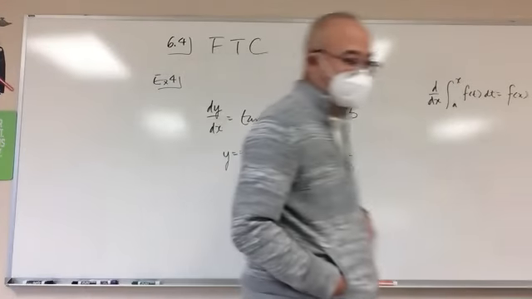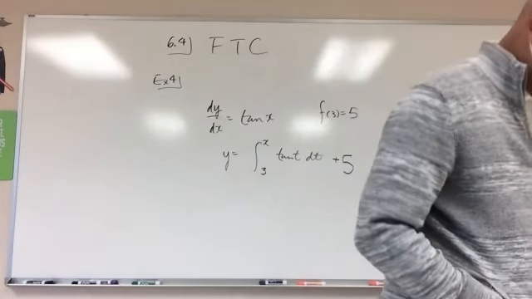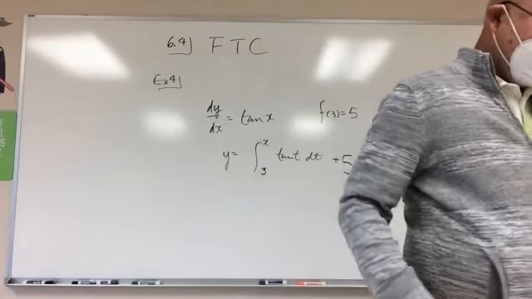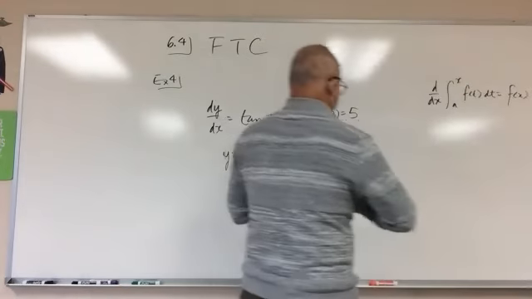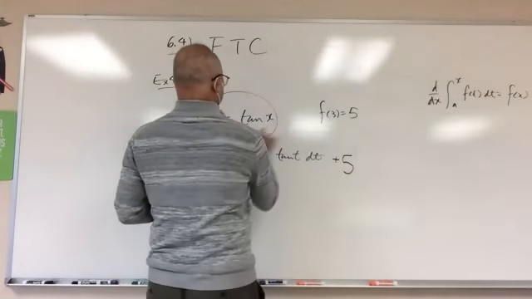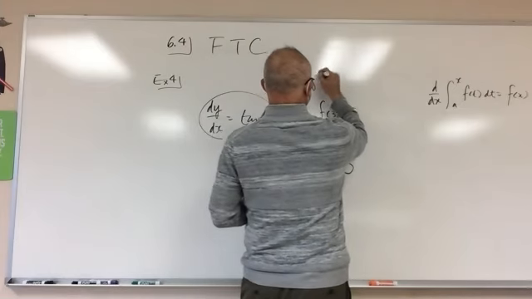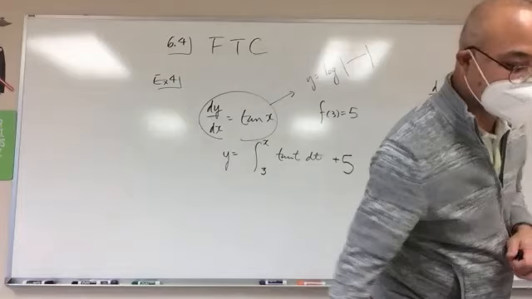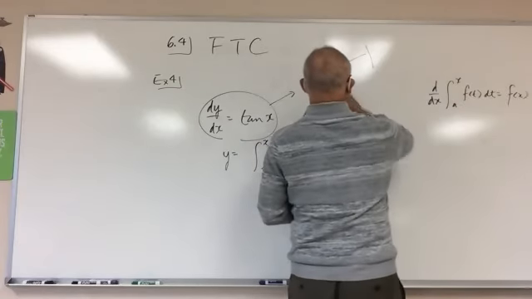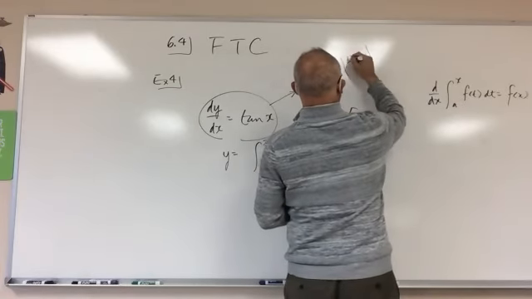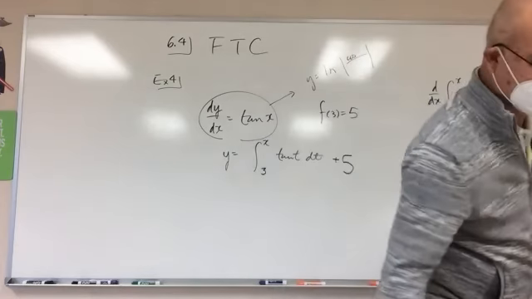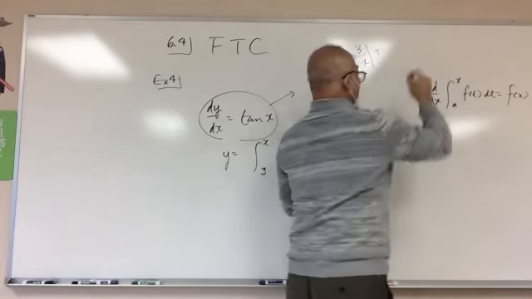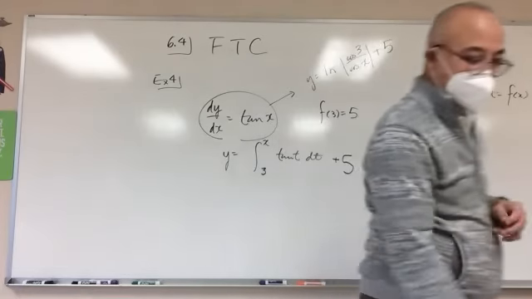Okay. It also continues to say that we will see in chapter 7 that we will find that the actual solution here to this guy is going to be y is equal to the natural log of cosine 3 over cosine x plus 5.